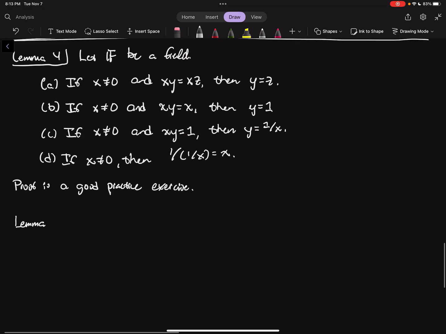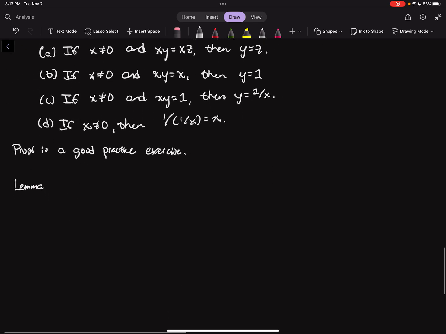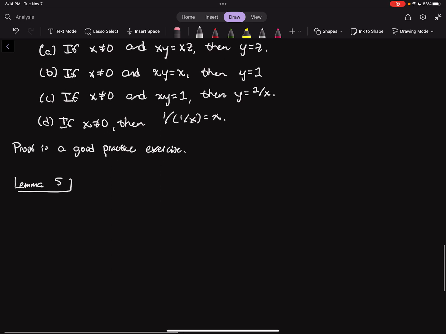Okay, that was lemma 4. So this is just a few more properties for fields, and then we're kind of done proving these basic properties. I mean, we could do this all day. We could do it for a very long time. However, that's not really the purpose of these videos beyond this one.